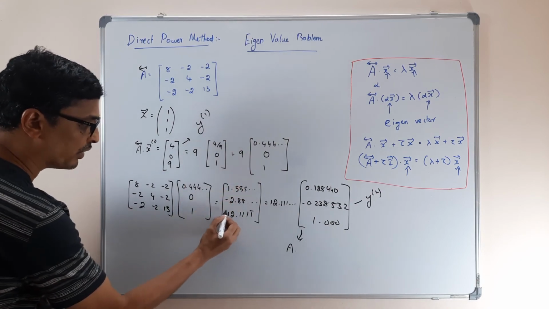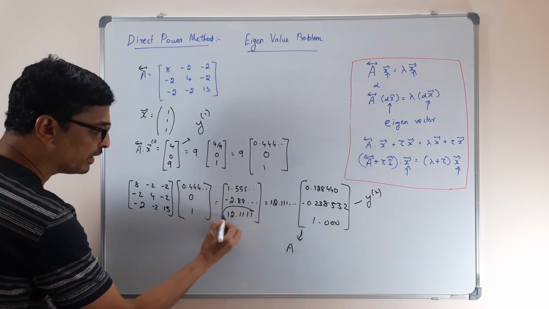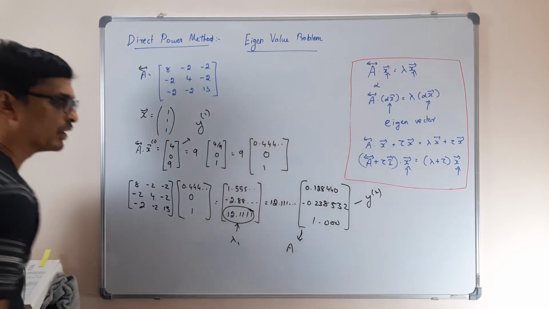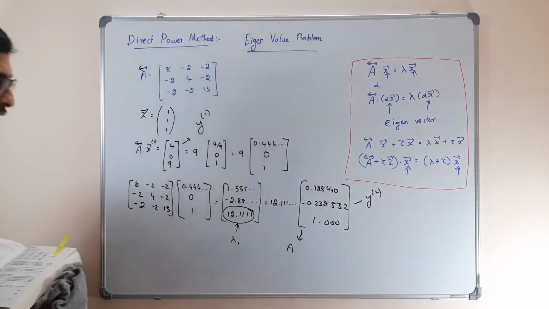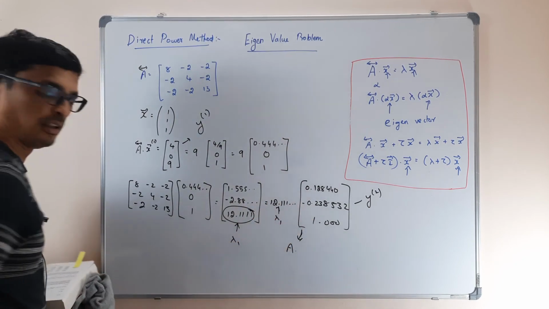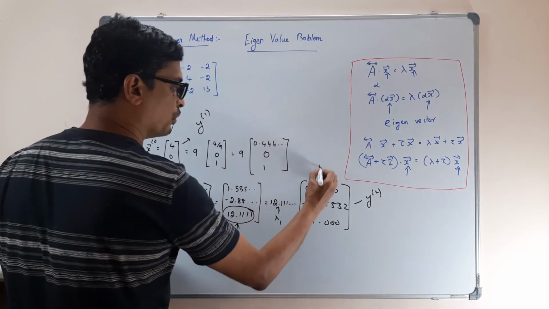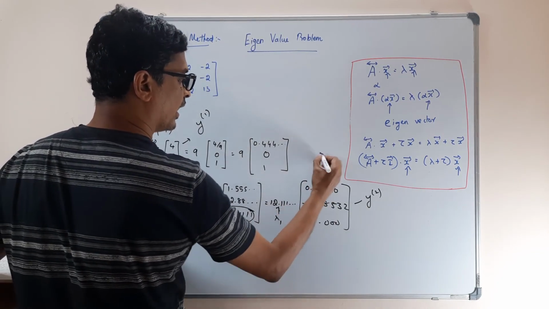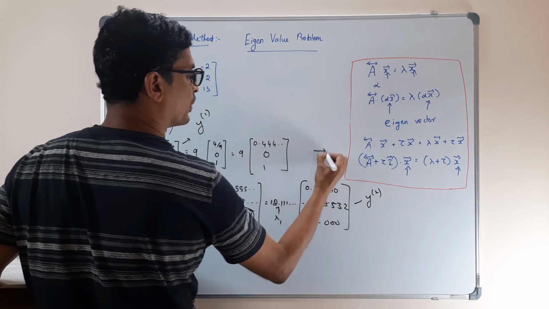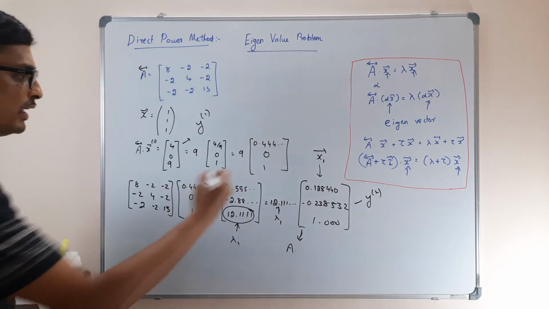This particular element, as we keep doing this, is going to become our lambda 1, the largest magnitude eigenvalue, which we take out here. Whatever is left over becomes our eigenvector corresponding to lambda 1, which I will call the x1 vector. Fine. We can keep on doing this again.